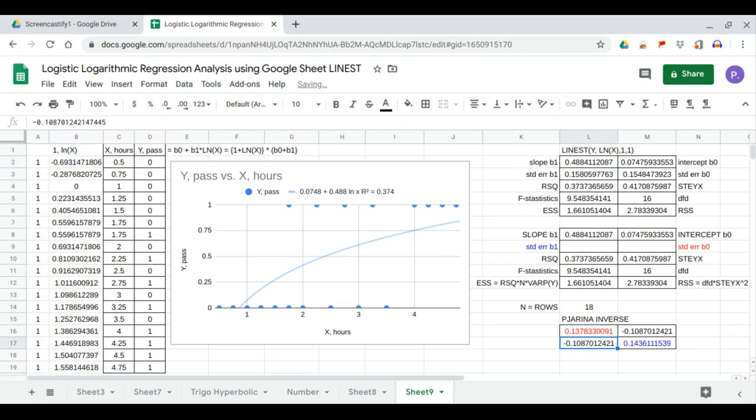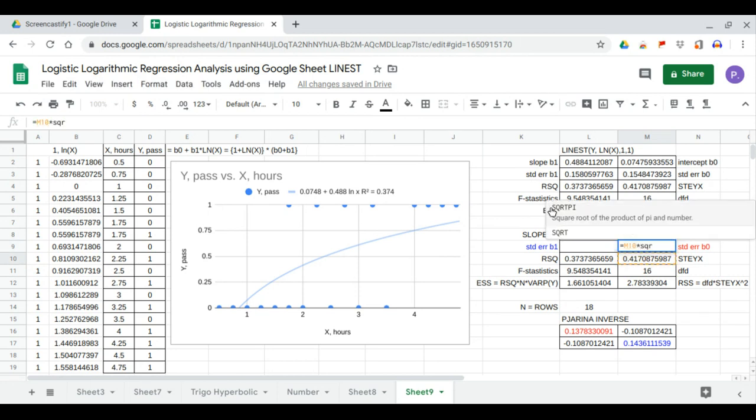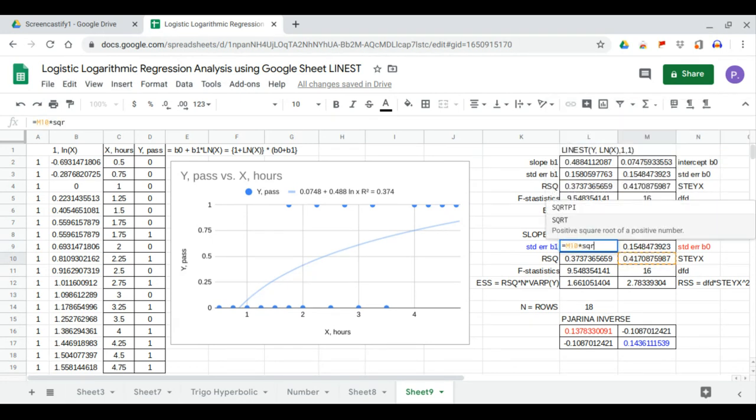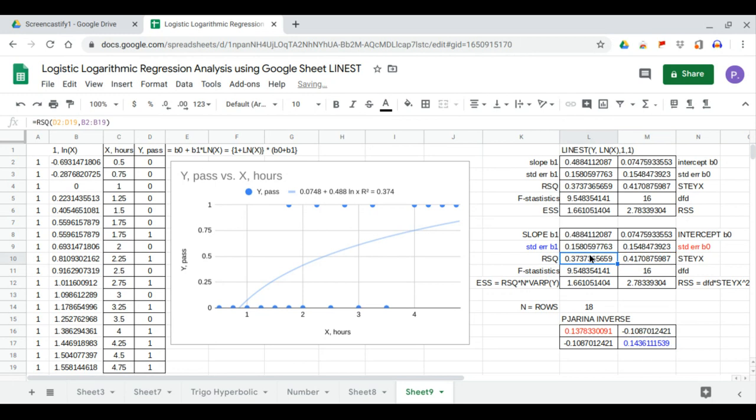Now that we have the inverse matrix, we can calculate the standard error value of the coefficient B0, which is STEYX times the square root of the first diagonal element. And this matches our LINEST output. Then we calculate the standard error value of B1, which is again STEYX times the square root of the second diagonal element, which is 0.158, matches our LINEST output.